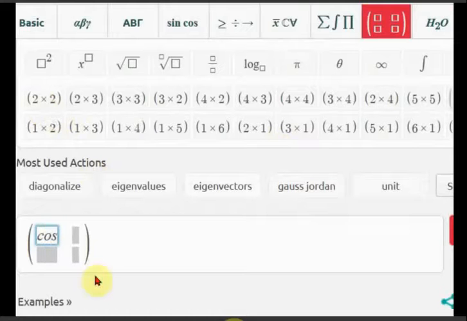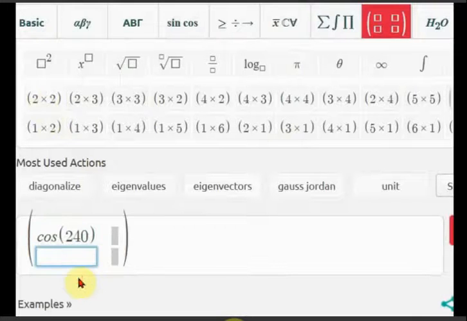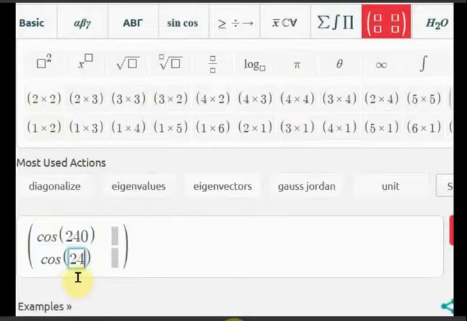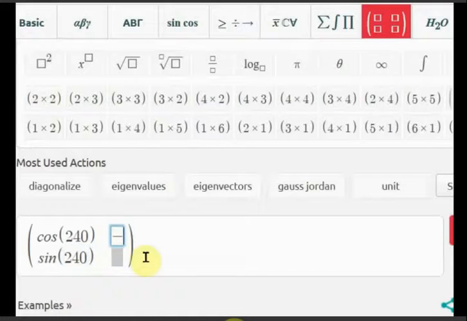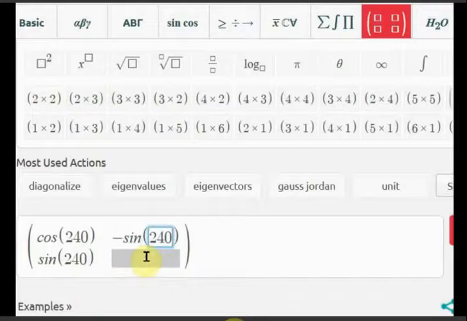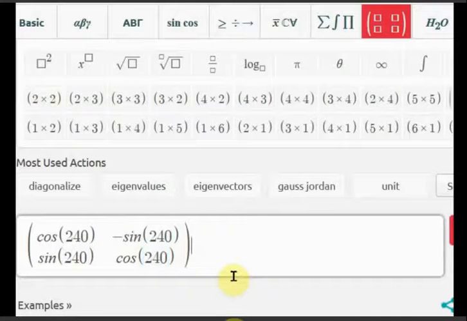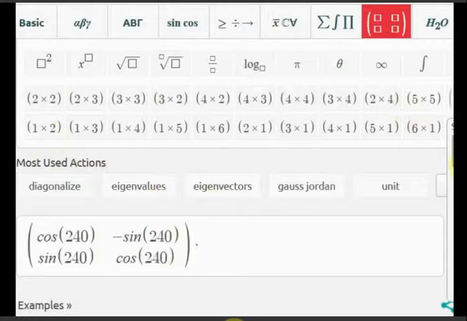Right, we have cos 240, sine 240, minus sine 240, and cos 240, and then we're going to multiply this with the 2 by 1 matrix.